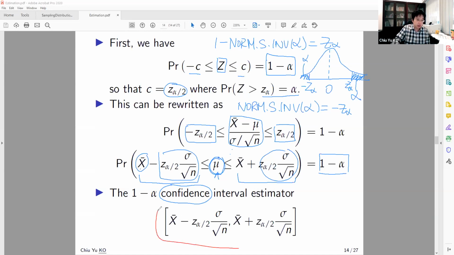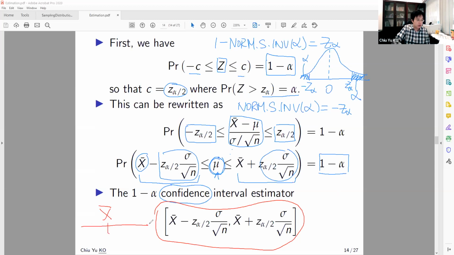This formula you need to keep in mind. This is the interval estimator when you try to estimate using the sample mean. The point estimator is x bar. For the interval estimator, instead of just x bar, we estimate more.